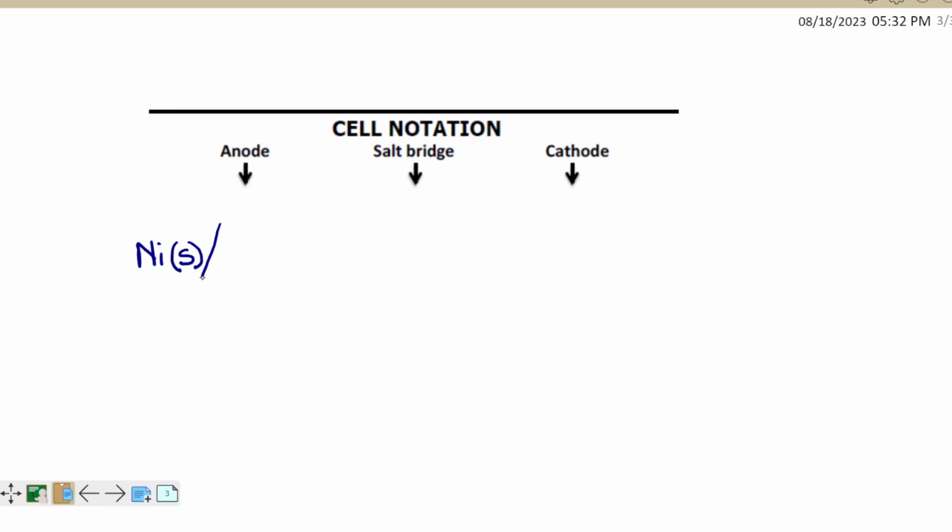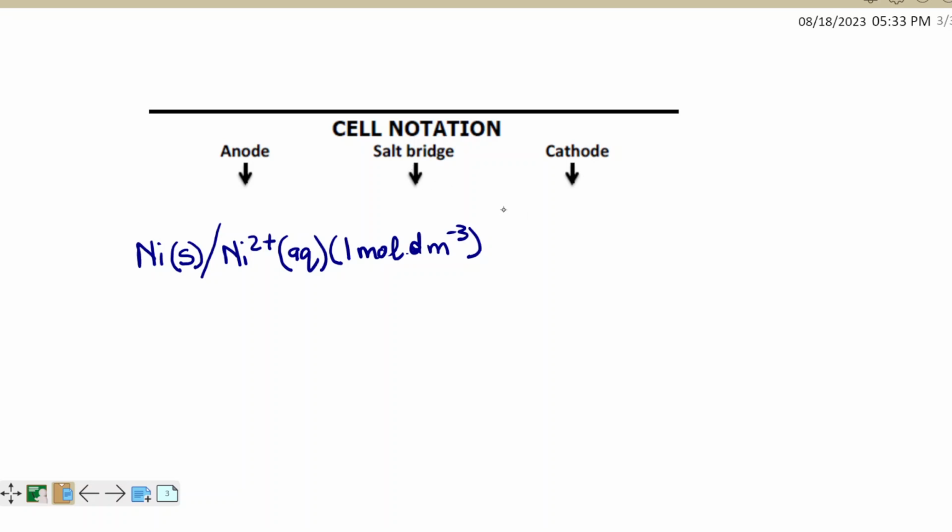Then we write a forward slash, then we write what is inside the cell, inside the beaker. We have the solution. What is the solution inside? It is the nickel 2+, and it's in aqueous form. So you can say aqueous, the concentration is 1 mole per dm cube. That is on the anode.